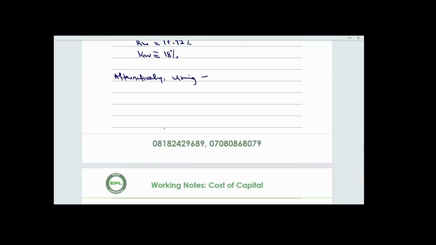I will create a column for the type of securities, then book value, proportion, and hash total.